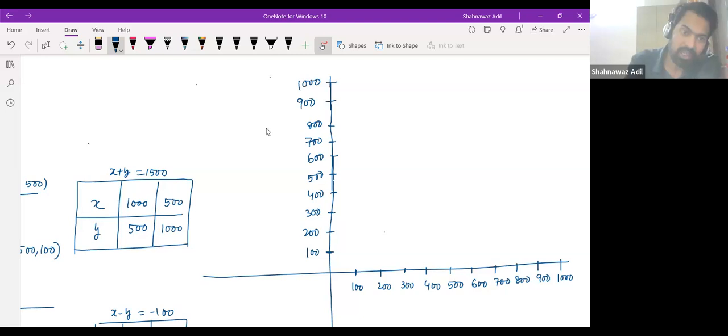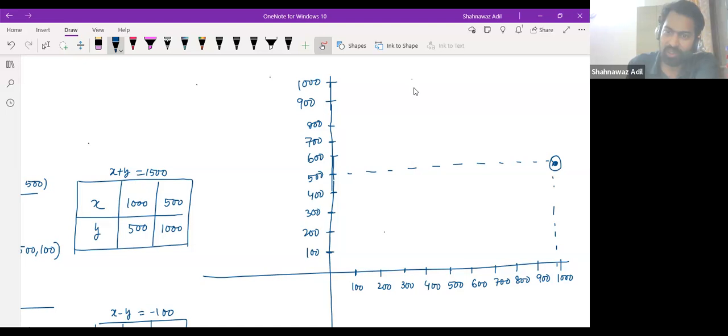Okay, now the first one is 1000 comma 500. So x is 1000 and y is 500. So this is 1000 comma 500, and then 500 comma 1000.